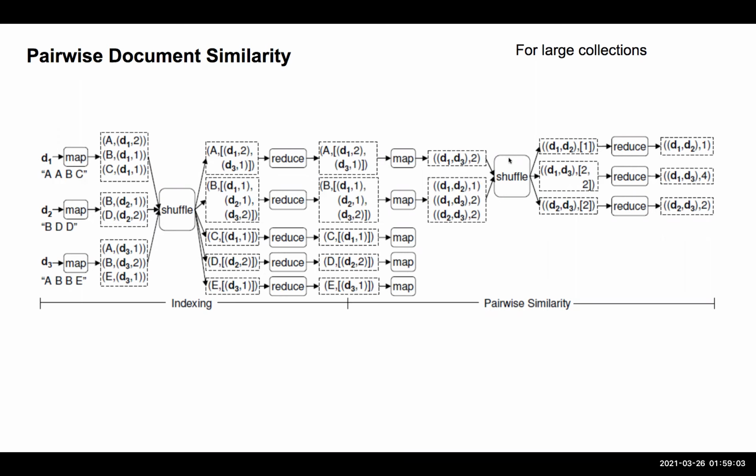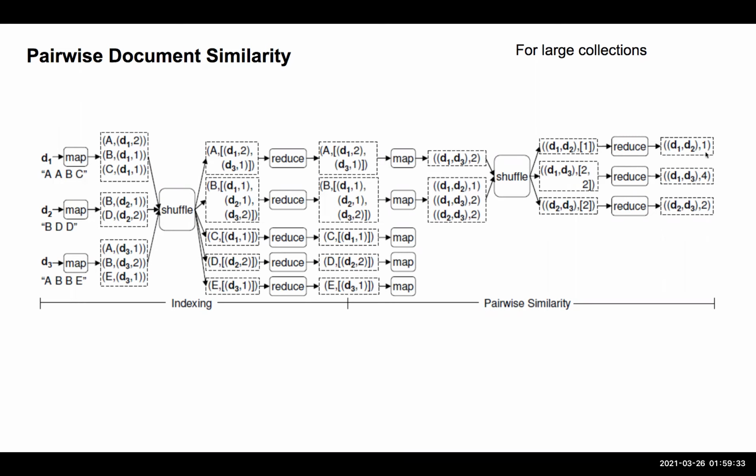After that, they do another shuffle, and based on the different combinations of documents, for each document combination it also lists the number. This is followed by reducing and calculating the final similarity score in each combination of documents.